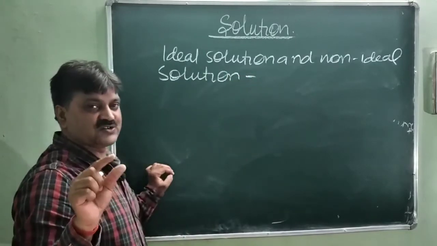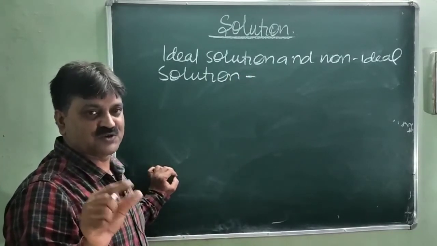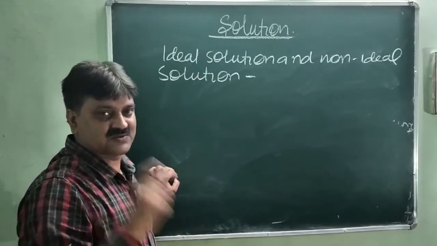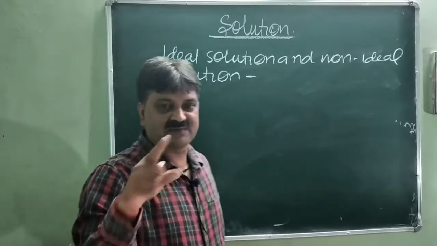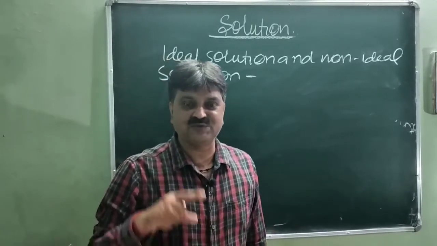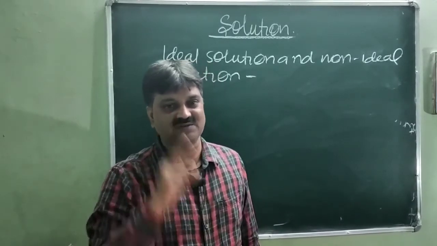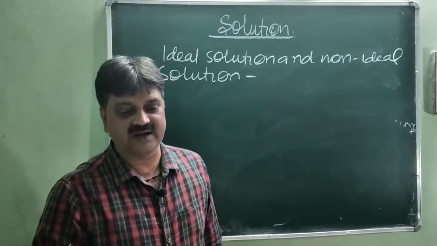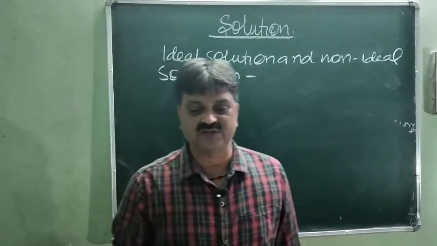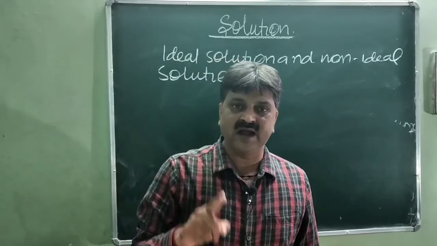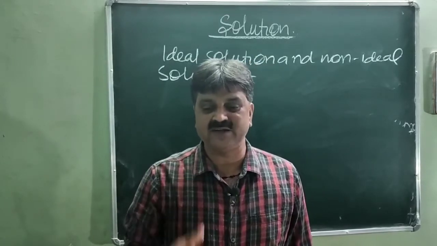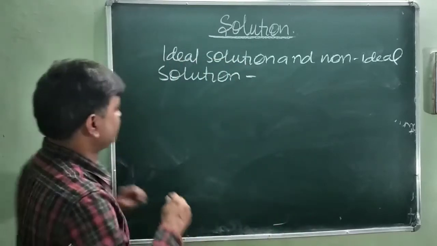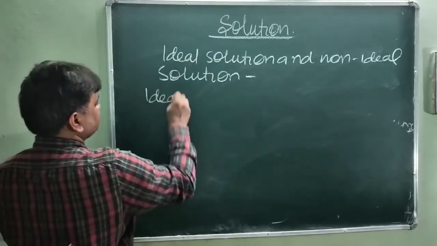Actually, Raoult made a criterion for solutions: which solution acts as an ideal solution? A solution which obeys Raoult's law over a wide range of concentration and at a specified temperature is called an ideal solution.